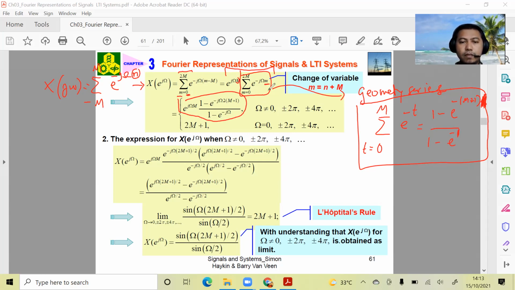And the value becomes 2m plus 1 at omega equal to 0, 2 pi, and 4 pi. If you are interested in the mathematical expression, this complex expression will be simplified by sine something like this, divided by sine something like this.